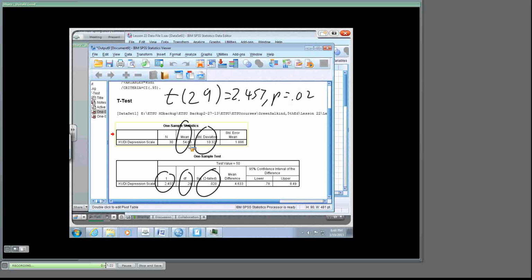So they are more or less depressed, and specifically this is more, because the mean of 54 is higher, significantly higher than the average of 50.